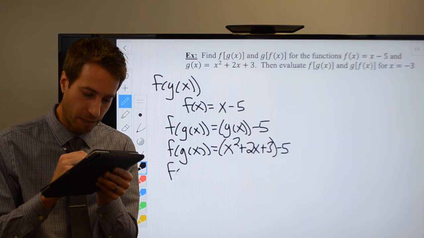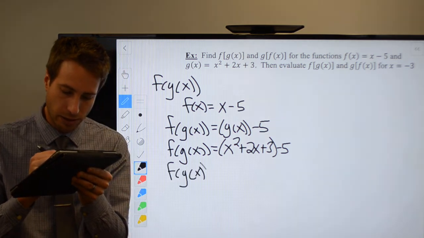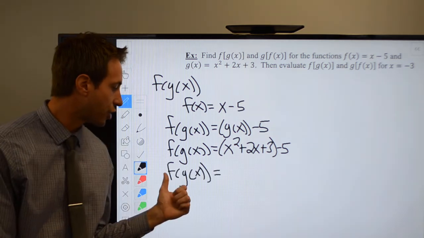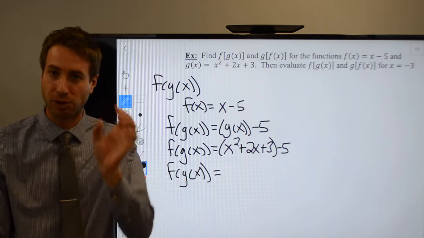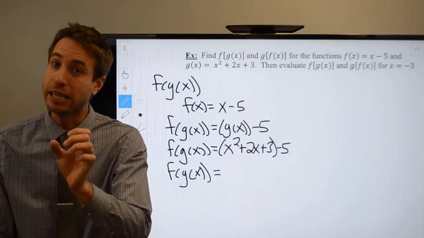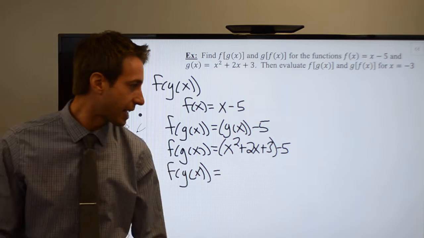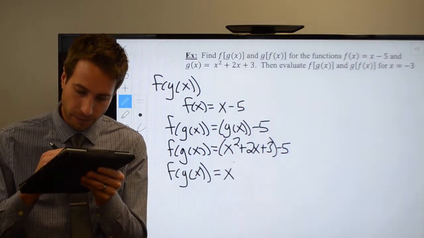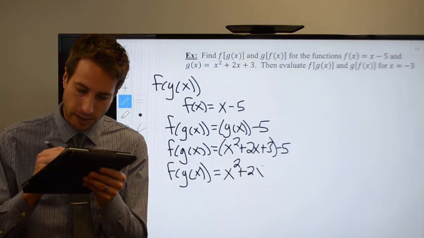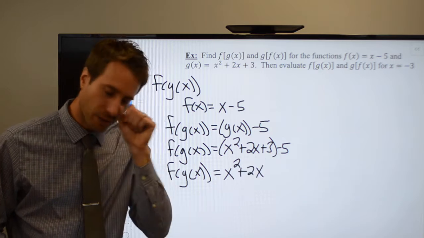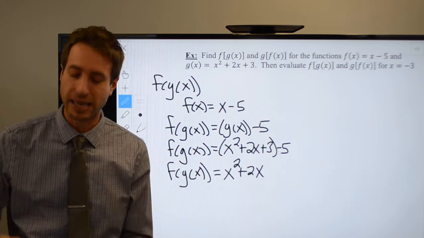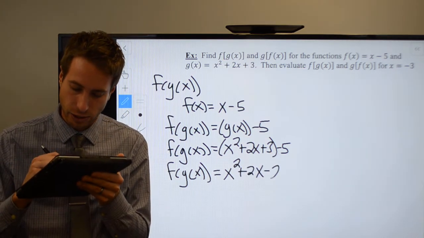Go ahead and combine like terms. And I get the composite function f of g of x. Plugging g of x into f of x, I get x squared plus 2x plus 3 minus 5, which is a minus 2.